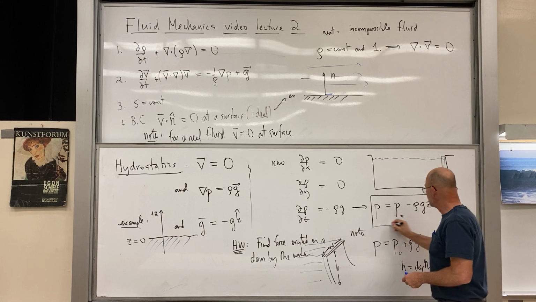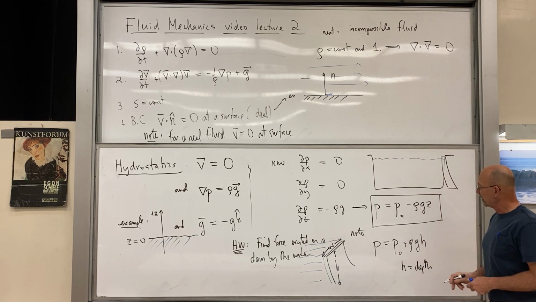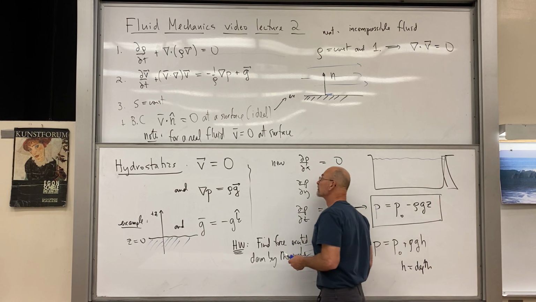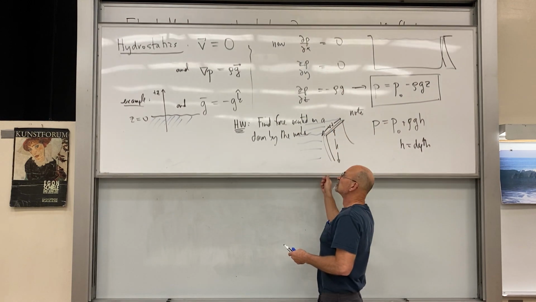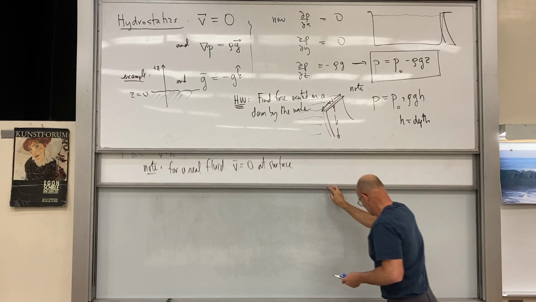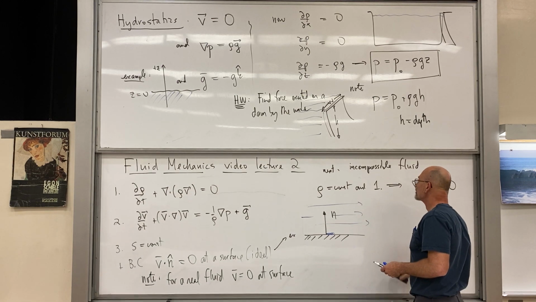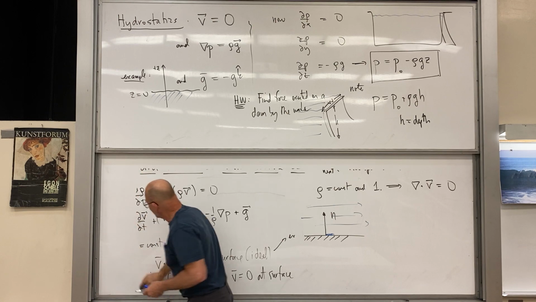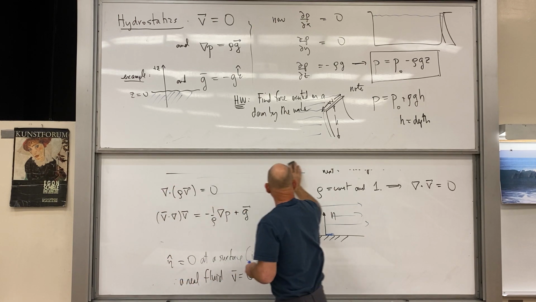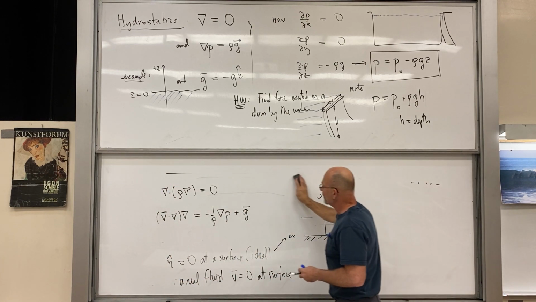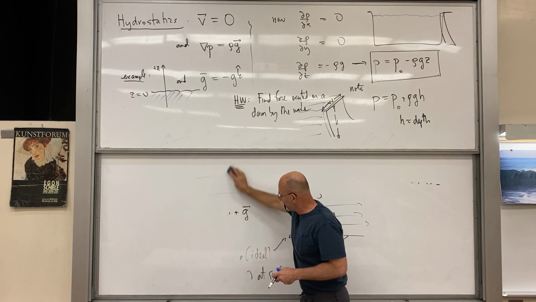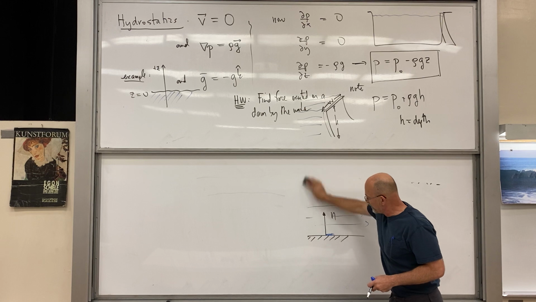And what we want to do next is use this to derive Archimedes' principle. And the basic version of Archimedes' principle can be derived without major shenanigans, but we just go ahead and describe it.